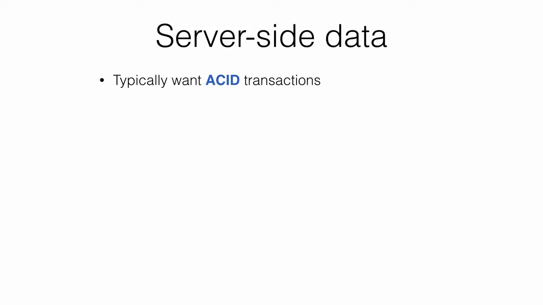ACID stands for, first, atomicity, and this is to say that transactions should complete entirely or not at all. That is, you should either completely purchase the book or not purchase the book, but you shouldn't pay the money and then not receive the book. Or you should transfer $100 from bank account A to bank account B. You should not withdraw the $100 from bank account A, but then not deposit the result in bank account B.